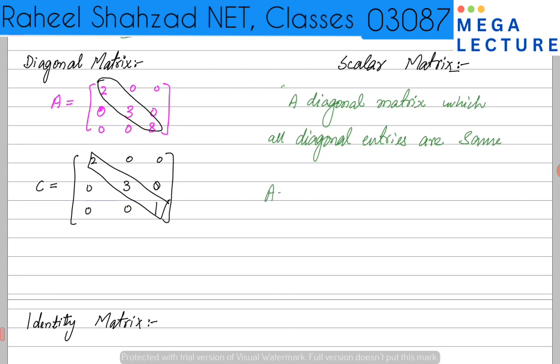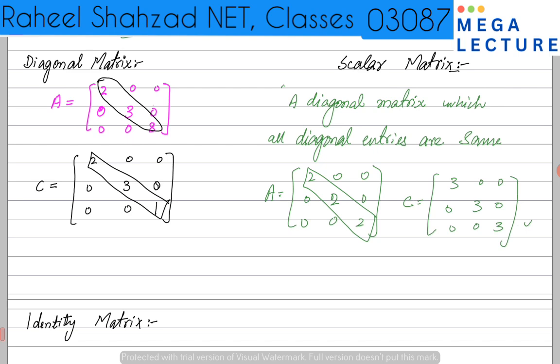So for example, now if I have a diagonal matrix 2, 0, 0, 0, 2, 0, 0, 0, 2, you can see that all diagonal entries are same. This is known as a scalar matrix. Suppose this is a C matrix, this is 3, 0, 0, 0, 3, 0, 0, 0 and 3.